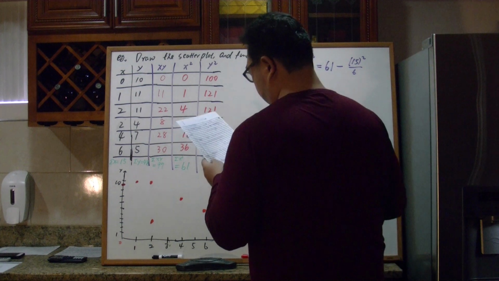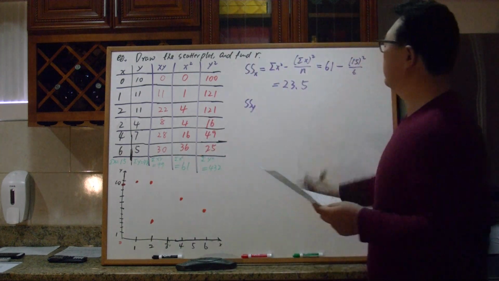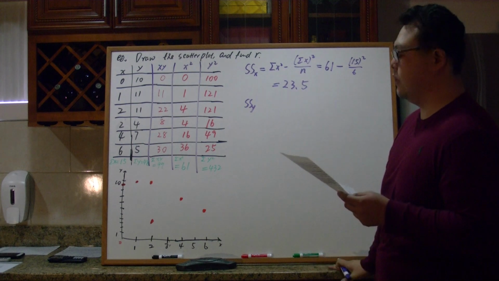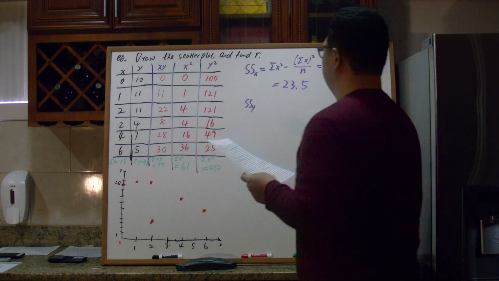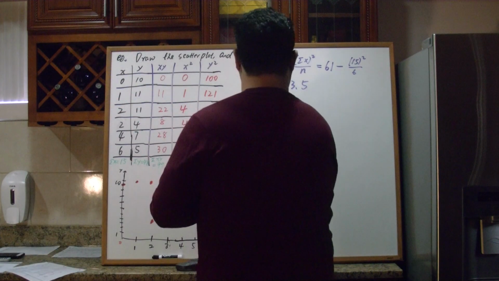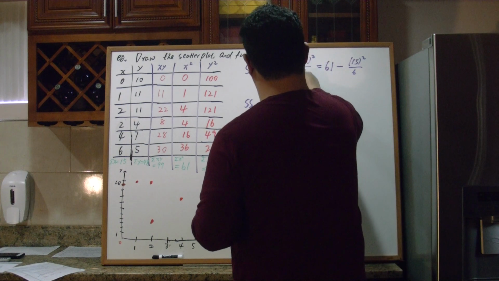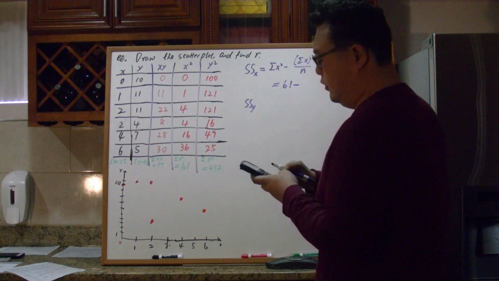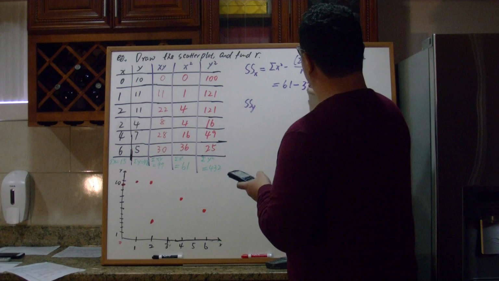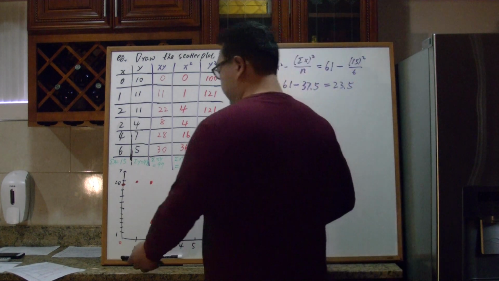Well, 15 squared is 225, divided by 6. Then 61 minus the result, and we get 23.5. If you want to see the steps, you can use a calculator to find the quotient before you subtract. 15 squared divided by 6 is 37.5. Now we get 23.5 as the difference.